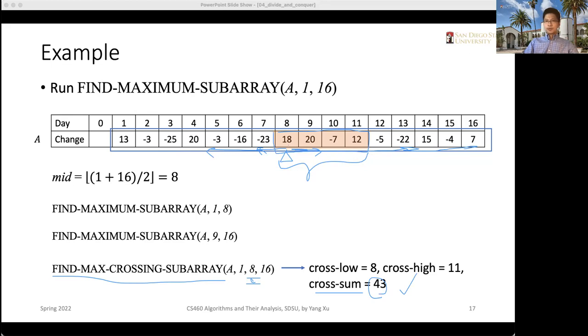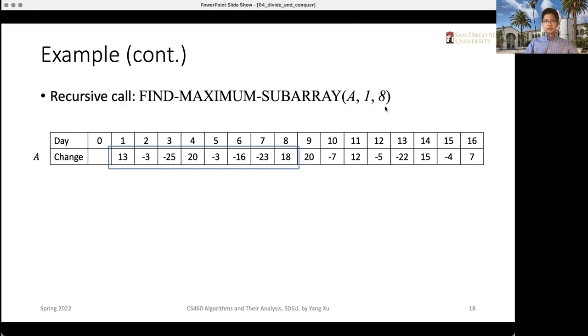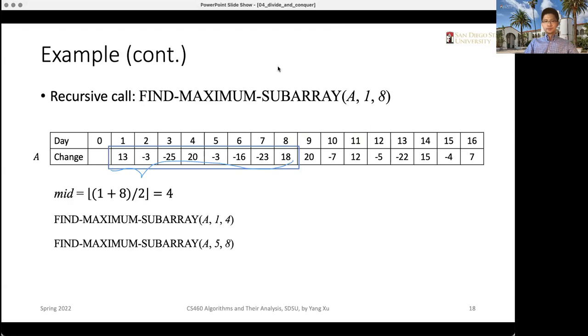All right. So remember that is just one step, and we need to step into this first recursive call, right? If we step into this recursive call, it will look like this. It will look like we're constraining our array to this first sub-array, right?